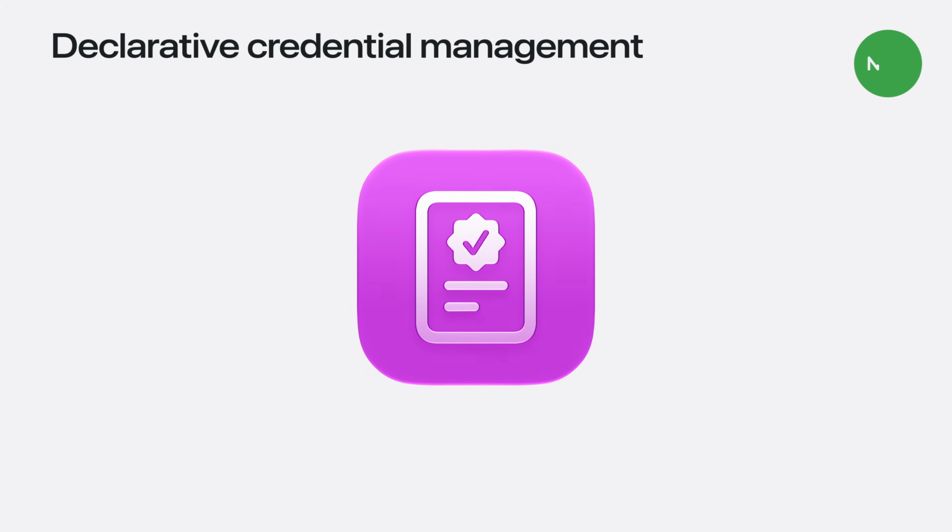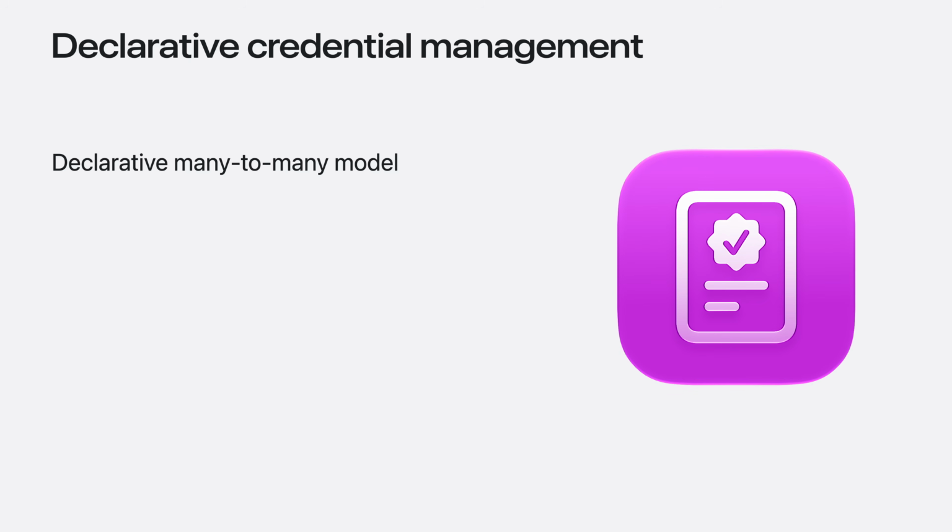Now I'll go over how you can leverage the power of the declarative management data model, starting with credential management. Configuration profiles have limits on how they can reference credentials, often forcing large profiles to be used and making the update process inefficient. Since the declarative model supports a many-to-many relationship, multiple configurations can reference a single credential.